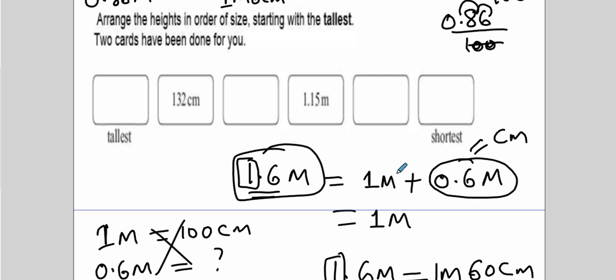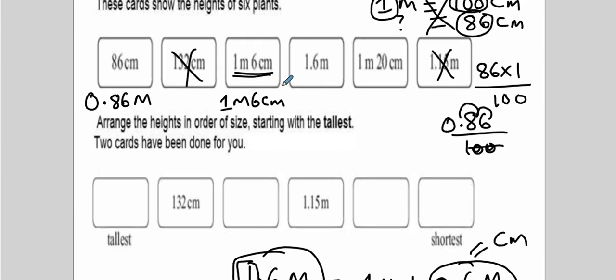Now this one is done, so we don't have to do this, and we don't have to do this. So here you have 0.86 meter. Here you have 1 meter 6 centimeters, and here you have 1 meter 60 centimeters, and here you have 1 meter 20 centimeters.